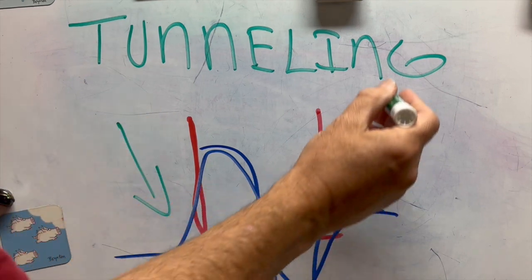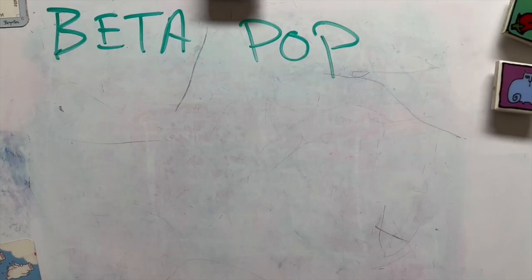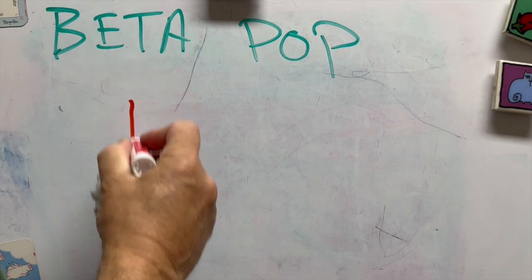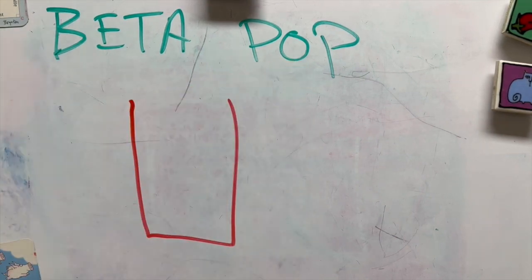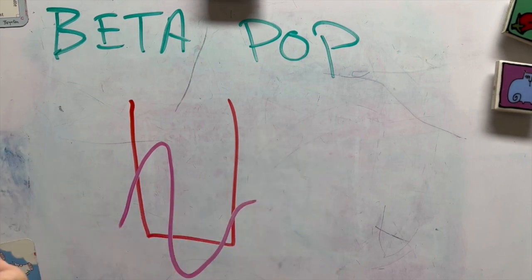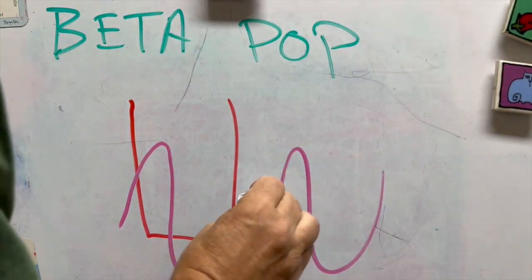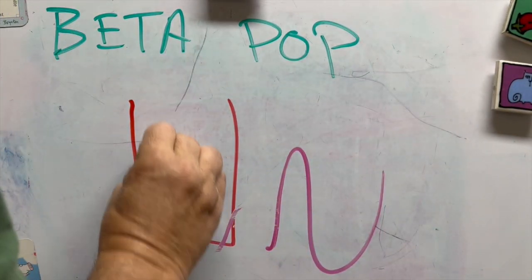All right, now we have our tunneling tails. So what can we assume that the electron will do? Well, we'll call it a beta pop. So inside, every once in a while, our little electron goes back and forth, but sometimes it just ends up tunneled to the outside.